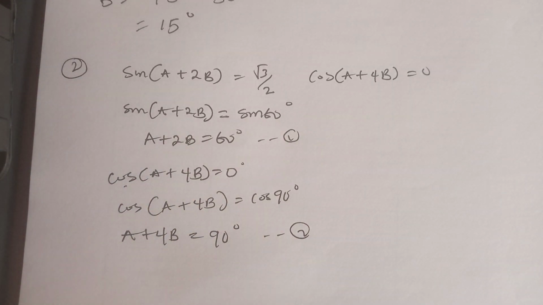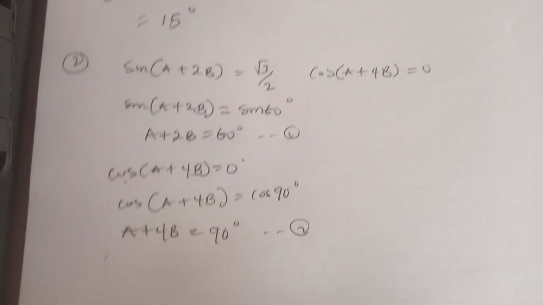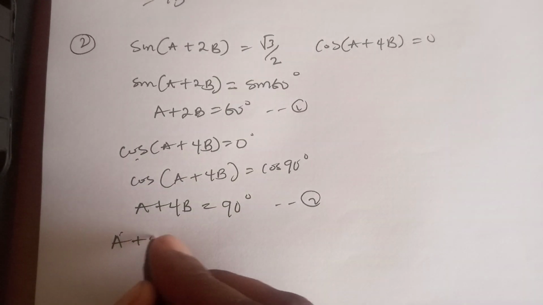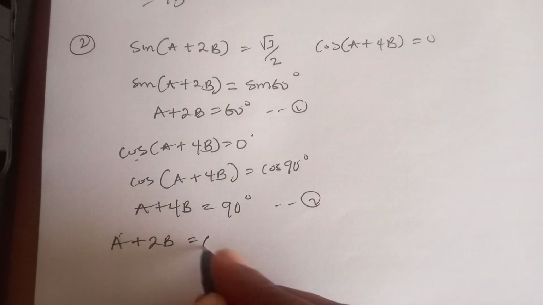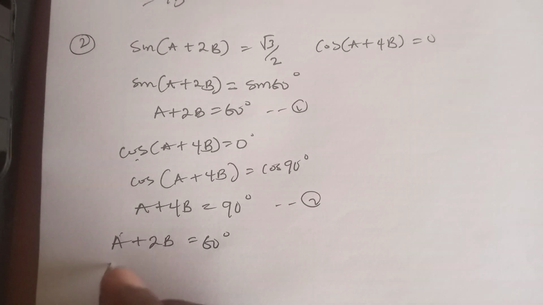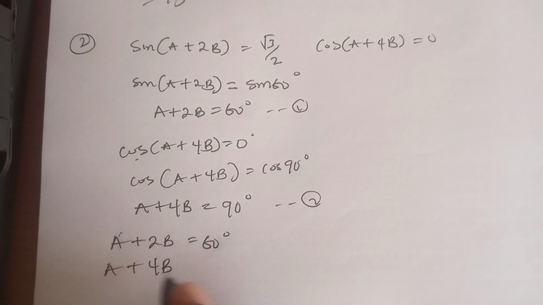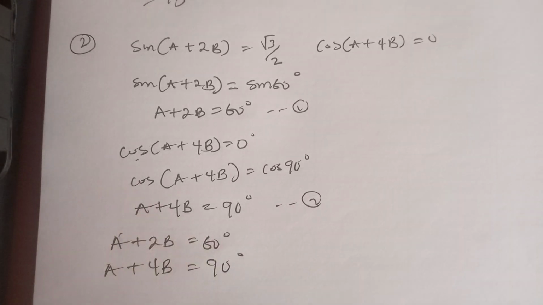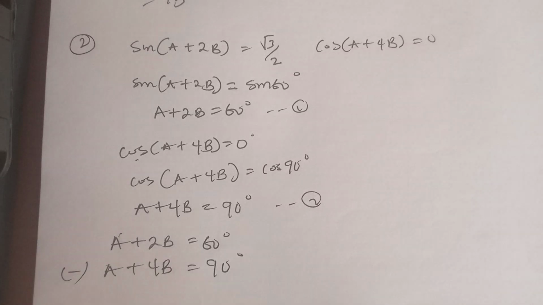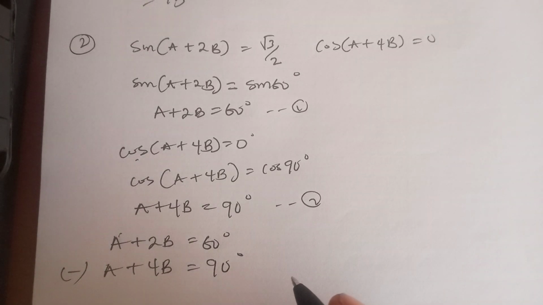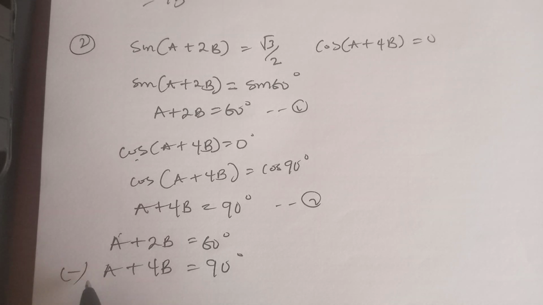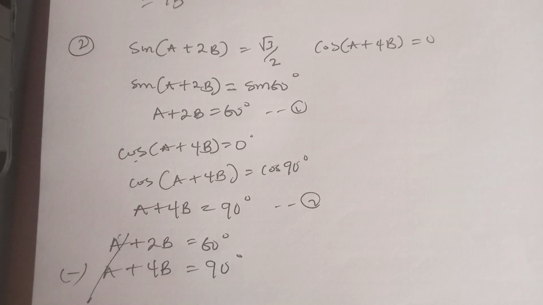So the same thing we did, we solve them simultaneously. A plus 2B equals 60 degrees and A plus 4B equals 90 degrees. So what do we do? We subtract equation 2 from equation 1. When we subtract equation 2 from equation 1, the A terms will knock out each other.